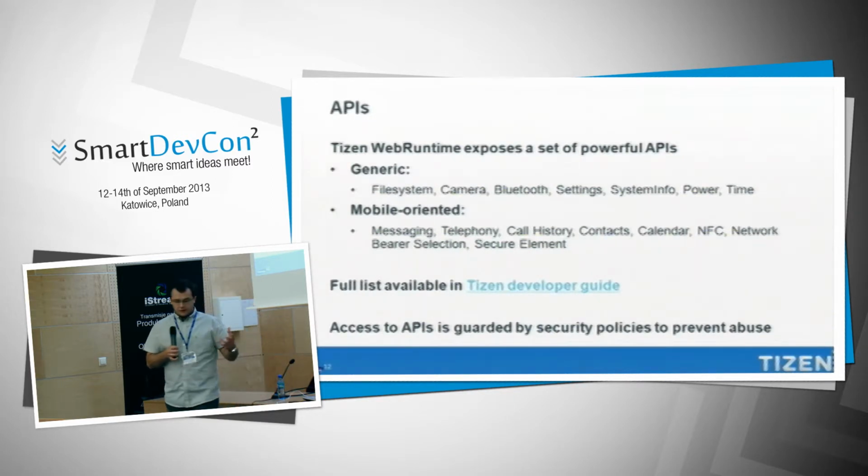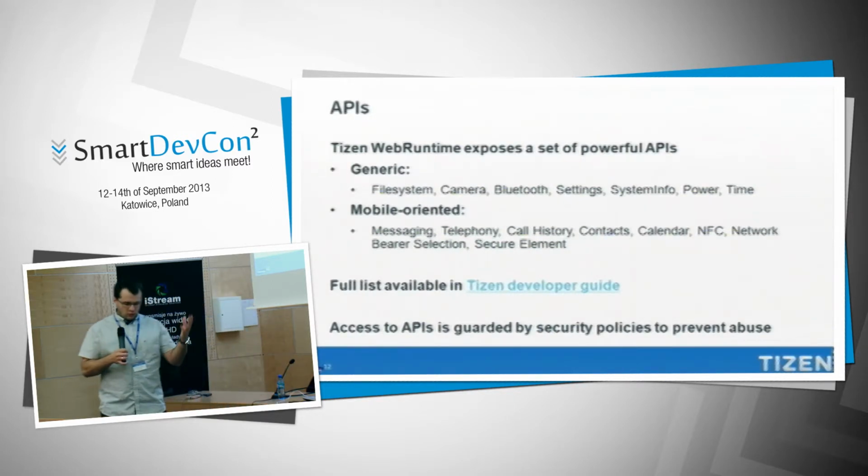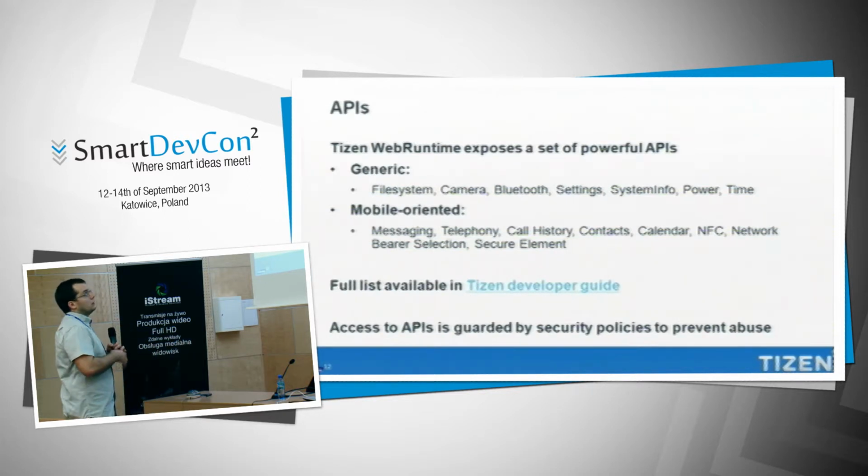And web runtimes add a set, each web runtime adds a set of its own APIs that allow you to bridge this gap between the browser and the underlying operating system. For example, the Tizen Web Runtime exposes this set of APIs.